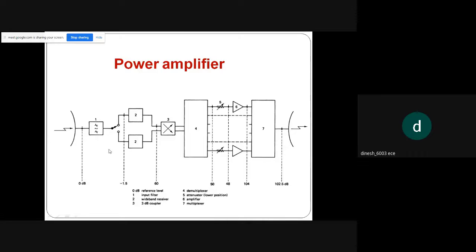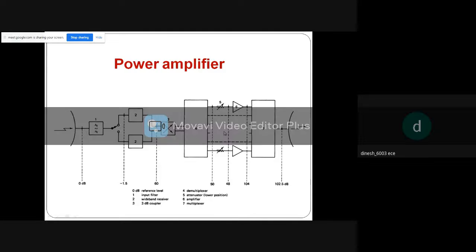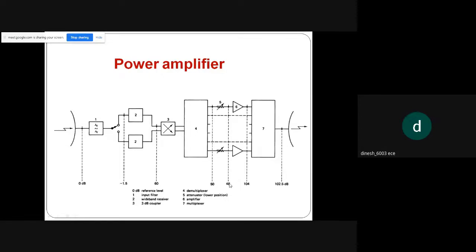So in the power amplifier, the power is being amplified at number 6. The power is being amplified from 48 decibels to 104 decibels. So amplification occurs here.